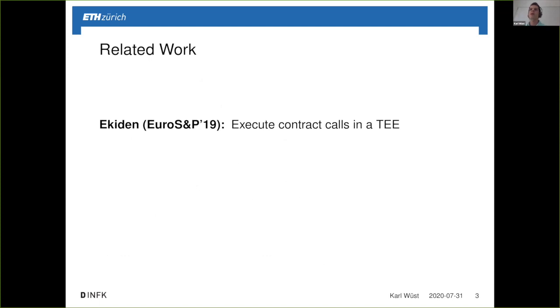The main issue with this, of course, is that recently there were many vulnerabilities discovered in trusted execution environments, namely in SGX. And if you consider the break of such trusted execution environments, then this system will break down because it no longer guarantees integrity for the execution of your contracts.